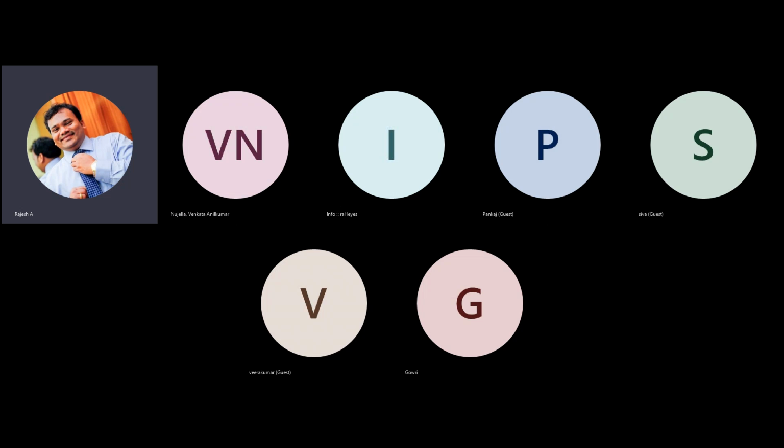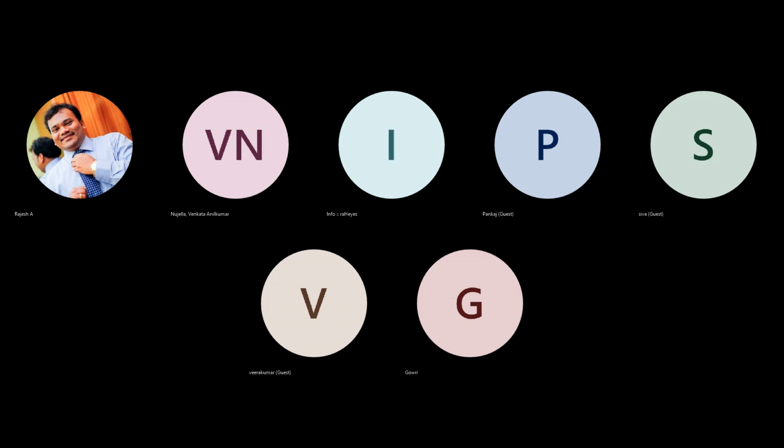There are a few objects where only the manager has access, and a few where the employee has access. For example, personal name: an employee can change their first name and last name, but a workflow will be triggered, the manager has to approve it, and only then will the change come into the picture. Otherwise, it won't.